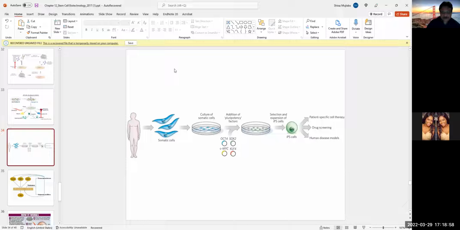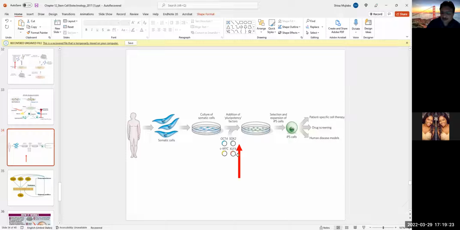So this is also, I have put the very same concept, to transform or transduce these cells with these 4 genes, OCT4, SOX2, CMYC, and KLF4, and develop them into iPS cells. These iPS cells could be developed into various tissues or organs, and they can be developed into human disease models.